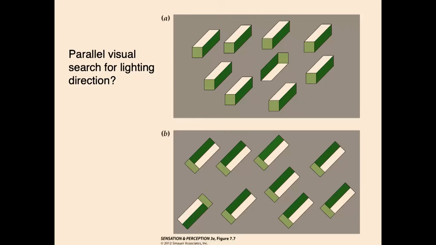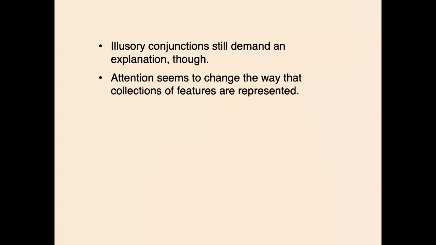But nonetheless, the set of phenomena that inspired that theory remain very real, and things that I think demand explanation. That includes illusory conjunctions, and differences between feature searches and conjunction searches, and so forth. All right, that's where we left off last time.